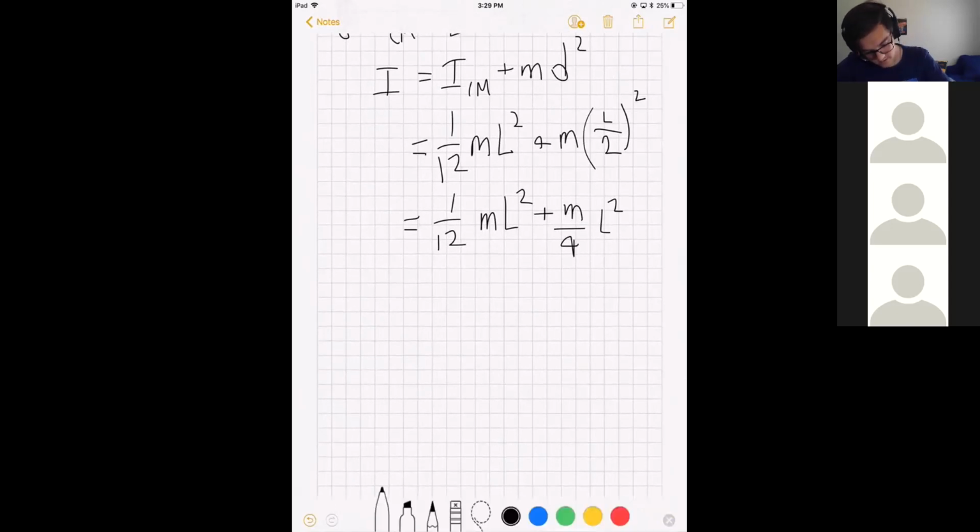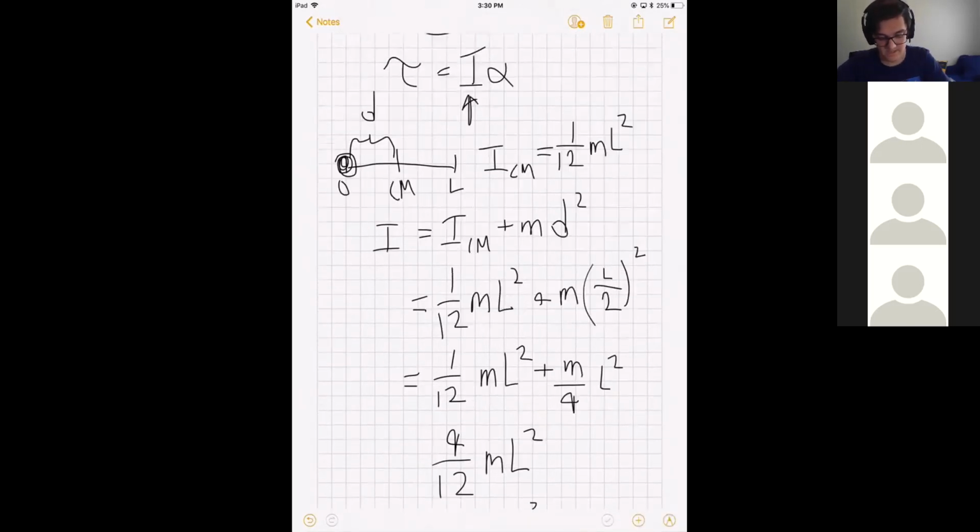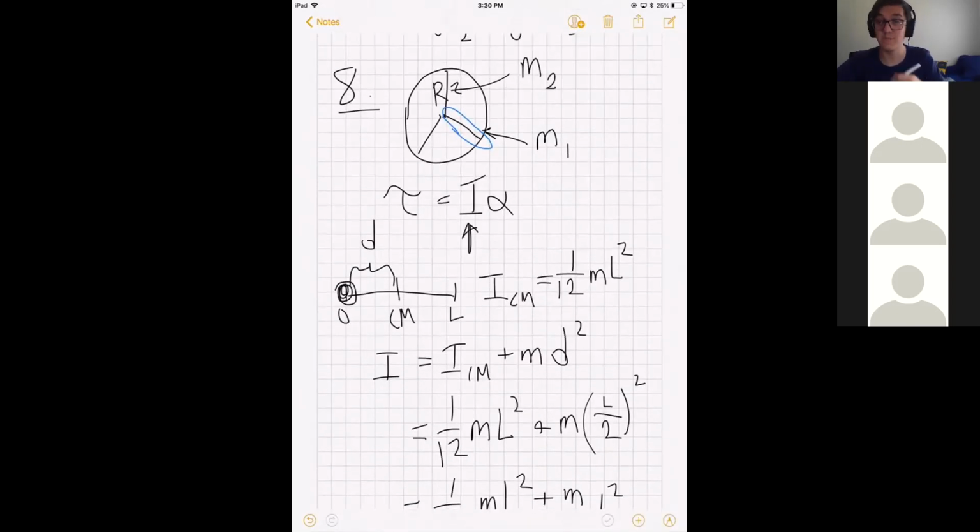So you get 4/12 mL squared, which equals 1/3 mL squared. That's our I for the rod, but we're not done yet, because we have 3 of them. So we need to multiply that by 3 and then add it to the moment of inertia of the hoop, and then we'll know the moment of inertia for the whole wheel.